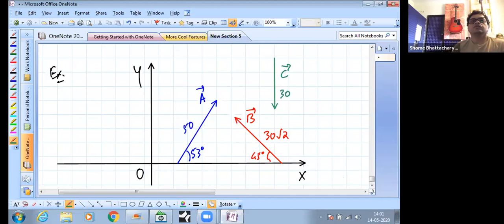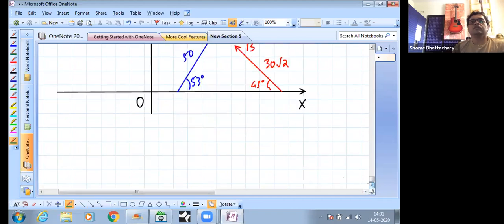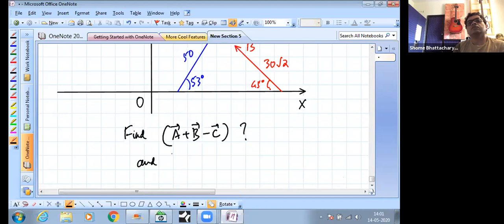Okay, so we want to now find E plus B minus C. I want to find this and the magnitude of the same thing. What is the magnitude of the vector which we are getting by the operation of adding the vectors E and B and then subtracting C from it?